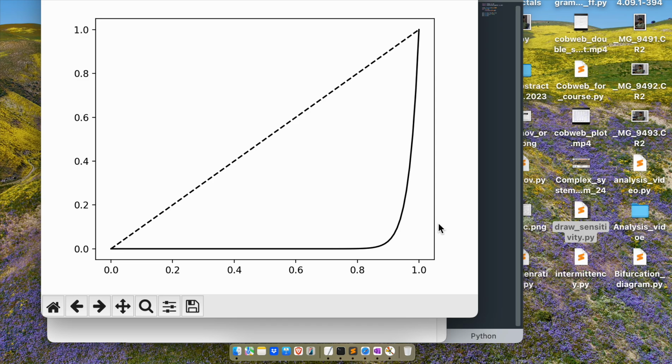So that's why it is sensitive at x equal to 1. The sensitivity is only an artifact of these curves becoming steeper and steeper around 1. That's why it becomes sensitive at x equal to 1.